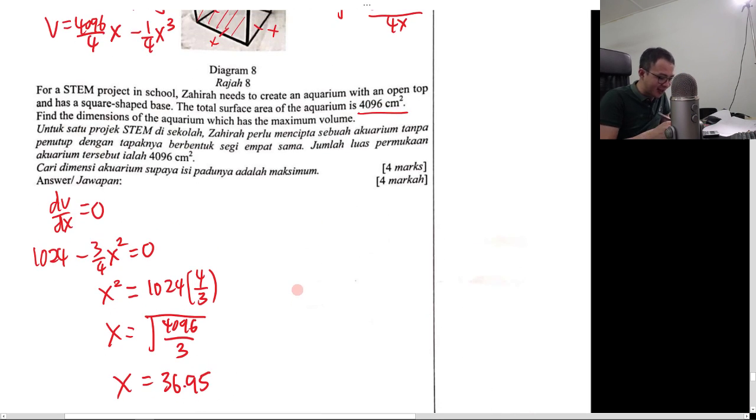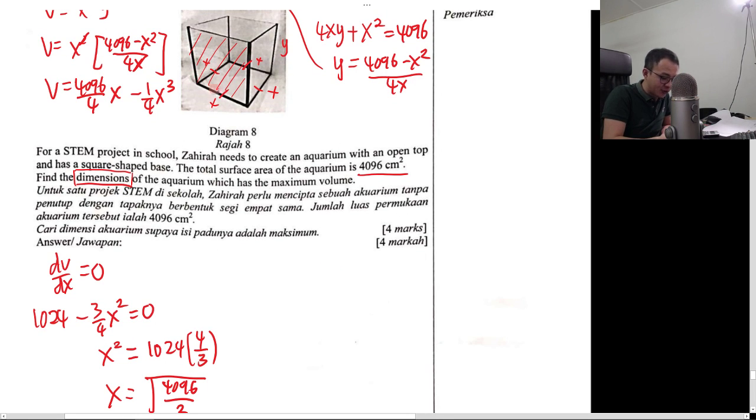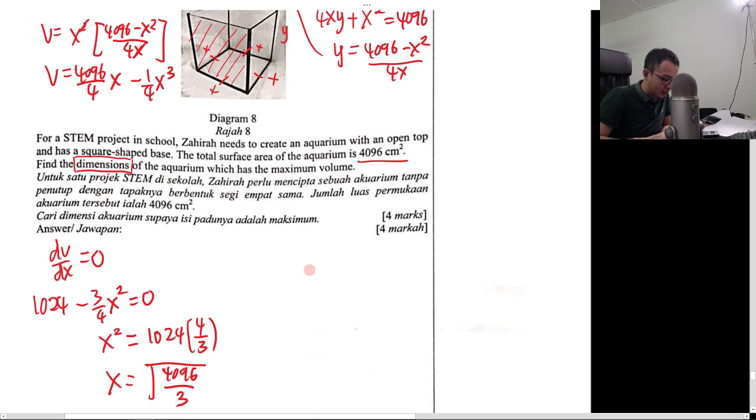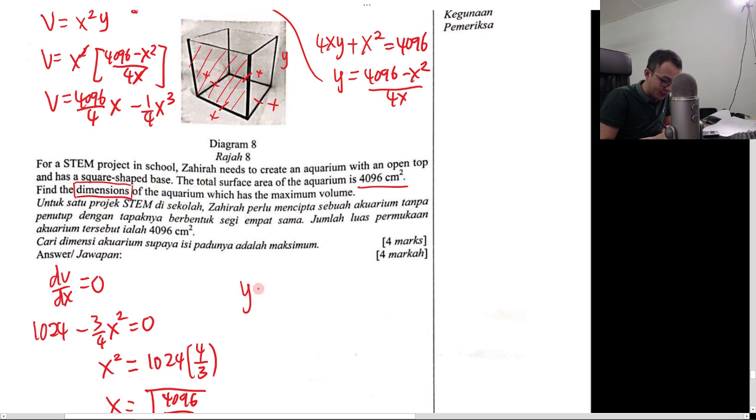Because the question asks about dimension, I need to find my y also. I know my x already, so I need to know the y. I can substitute back into here: 4096 minus 36.95 squared, over 4 times 36.95.